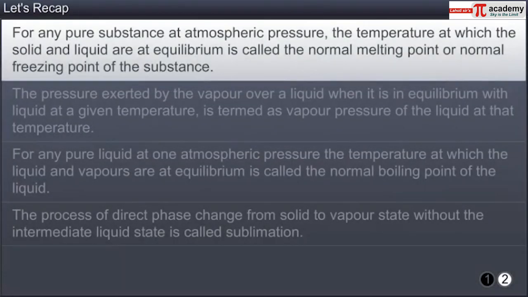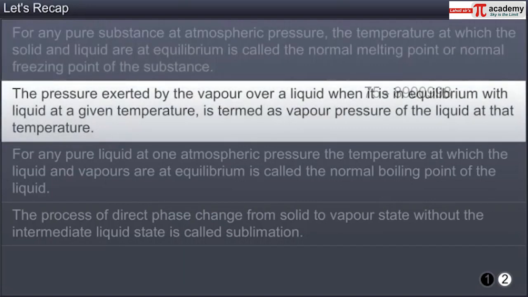For any pure substance at atmospheric pressure, the temperature at which the solid and liquid are at equilibrium is called the normal melting point or normal freezing point of the substance. The pressure exerted by vapor over a liquid when it is in equilibrium with the liquid at a given temperature is termed as the vapor pressure of the liquid at that temperature.